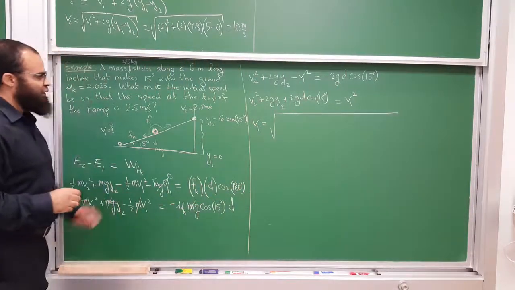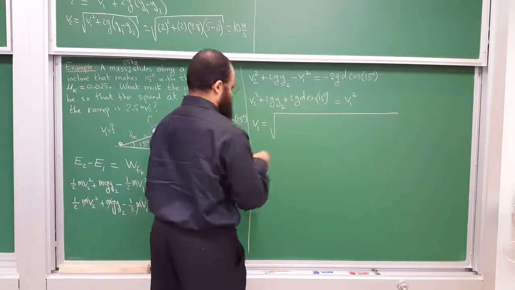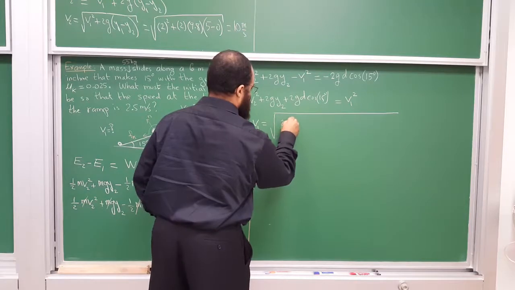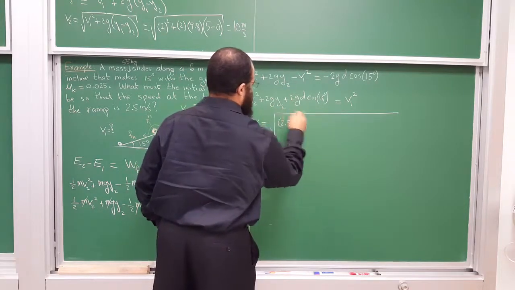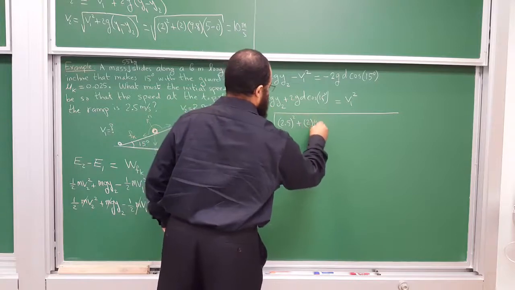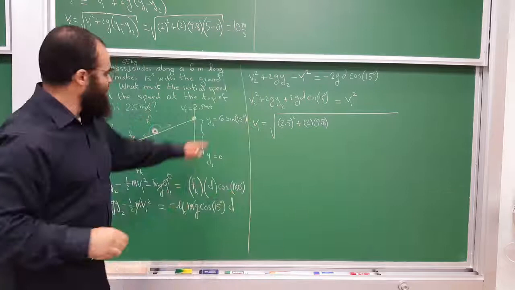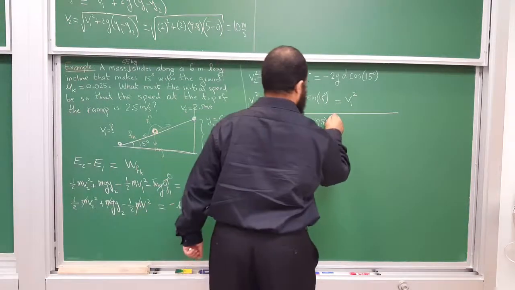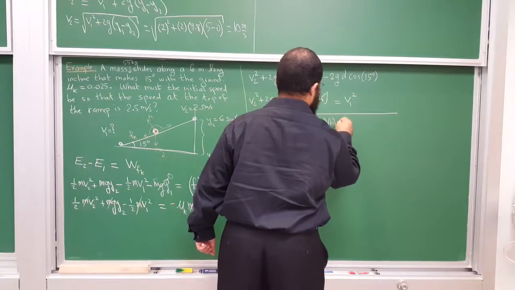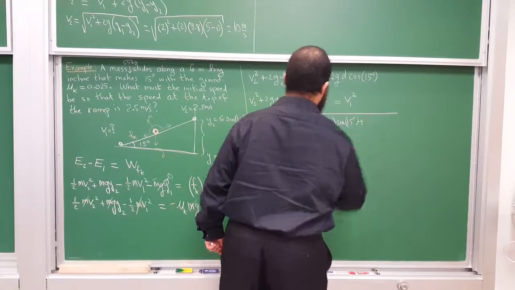v2 squared, v2 is 2.5. So it's 2.5 to the power of 2 plus 2gy2. g is 9.8, and y2 is 6 times the sine of 15 degrees.